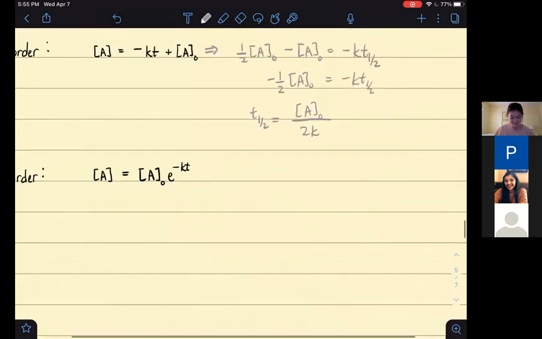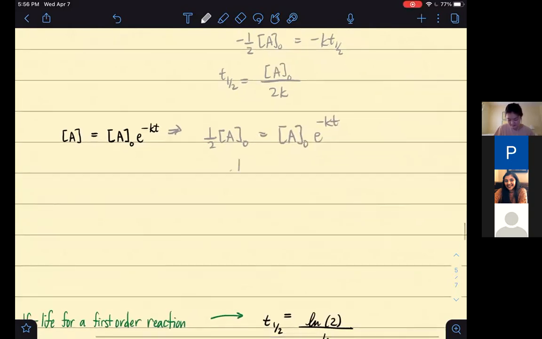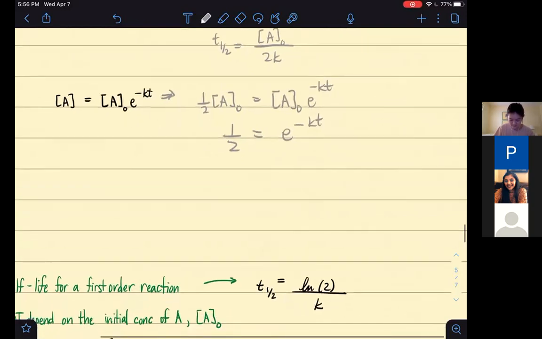Here again, do the same thing, just plug in half of the initial concentration. This will be 1/2. And then take the logarithm. So ln probably helps. Minus, that will be just minus kt.